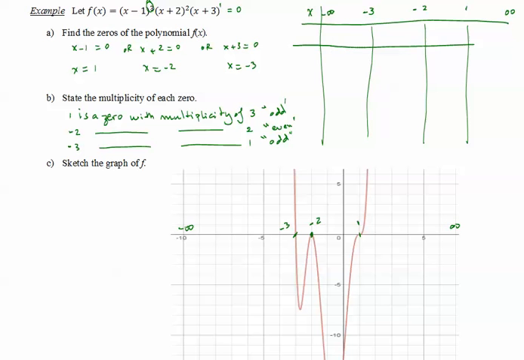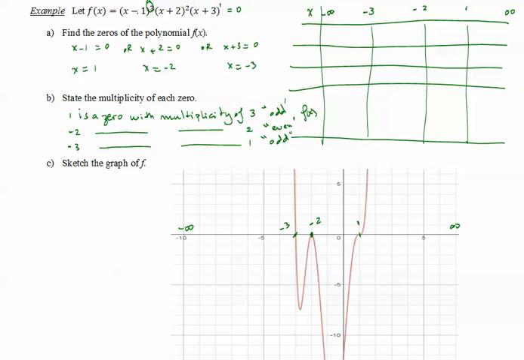And then we're going to take every factor we have from the function, and then finally, the function itself. So the first one, we have (x minus 1) to the third, and then we have (x plus 2) squared, and then we have (x plus 3) to the 1 power.